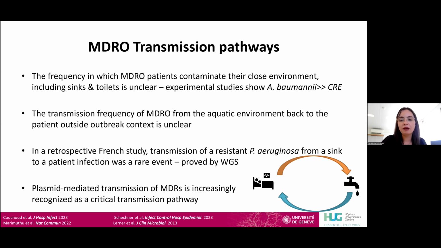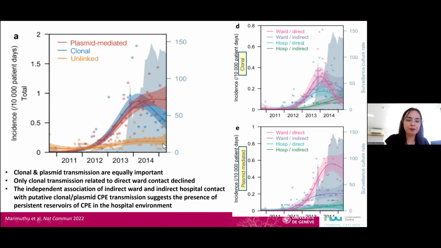But to make it more complicated, when we try to find these events, and we normally see them in outbreak contexts, less in an endemic, normal, non-outbreak context, we usually look at phenotypic similarity, and sometimes whole genome sequencing helps us to look for clonal transmission patterns. But nowadays, it's recognized that plasmid-mediated transmission of multi-drug resistant organisms is also a critical transmission pathway, and normal short-read sequencing doesn't help us uncover this transmission.